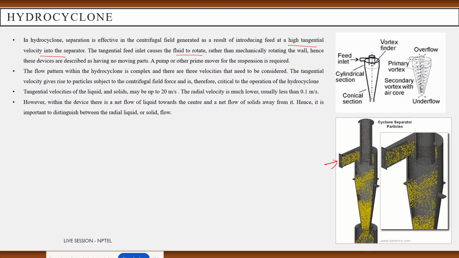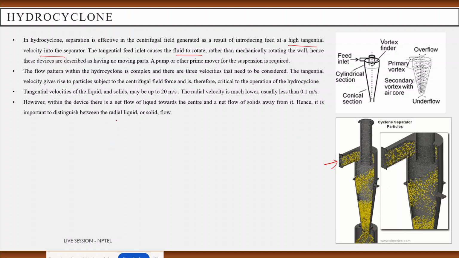However, within the device there is a net flow of the liquid towards the center, and a net flow of the solids away from it.